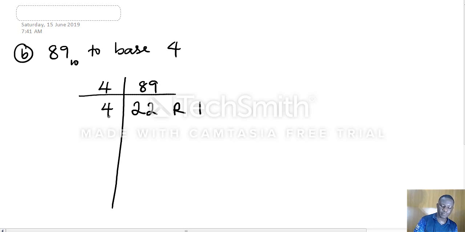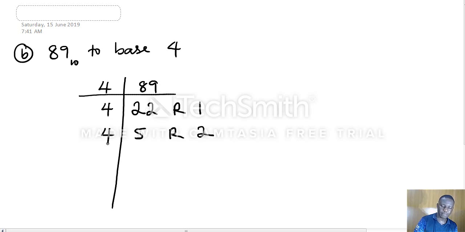Divide by 4 again. 22 divided by 4 is 5, remainder 2. 5 times 4 is 20, and 22 minus 20 is 2.